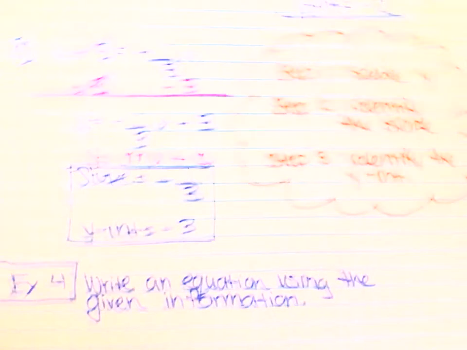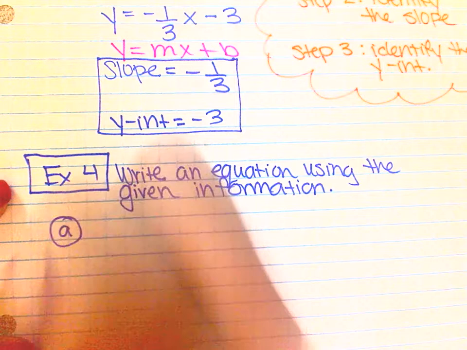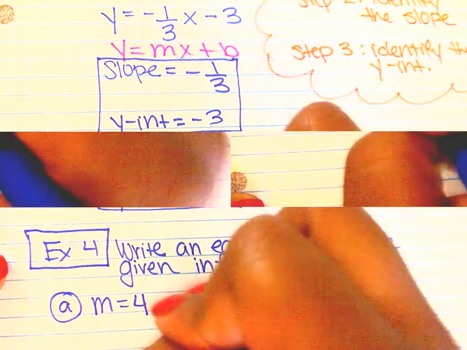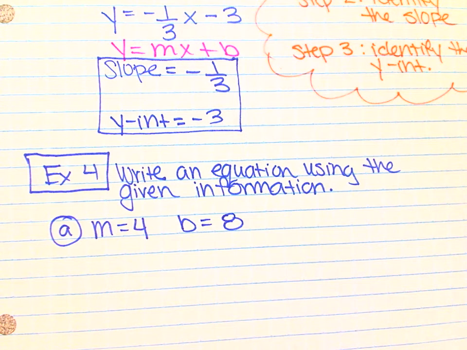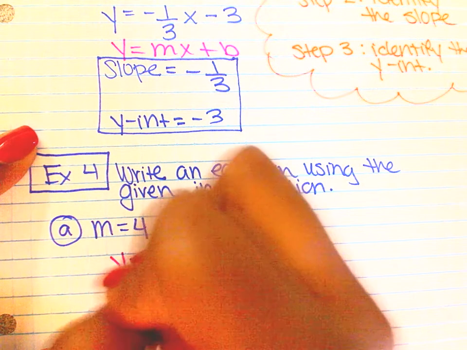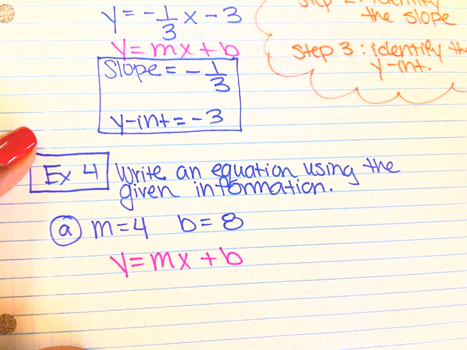Very good. So let's see. What information did they give us in example A? They're telling me that m is 4 and b is 8. They give me m, which represents slope, and they give me b, which represents my intercept. So I'm going to write the equation down. Y equals mx plus b. That equation is going to be in your head all day.